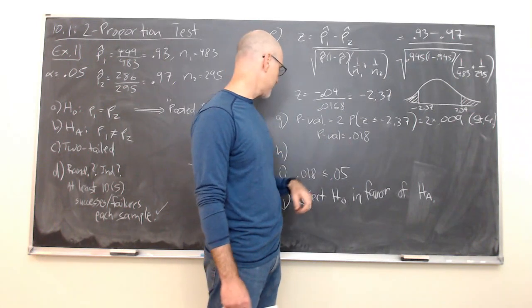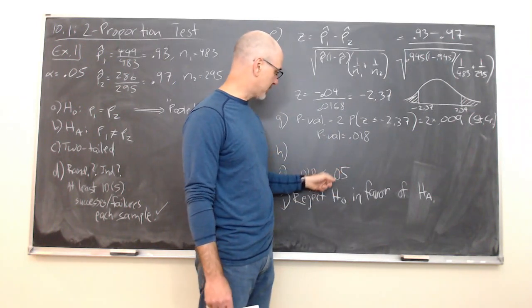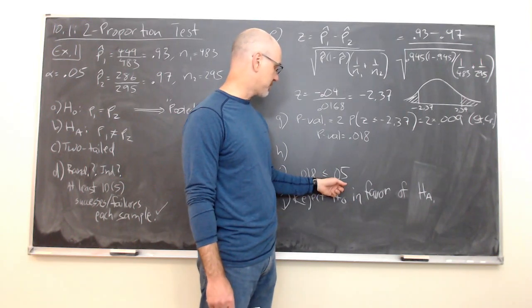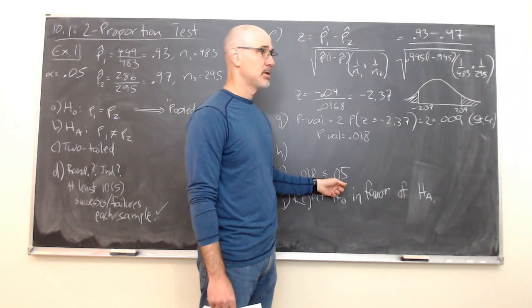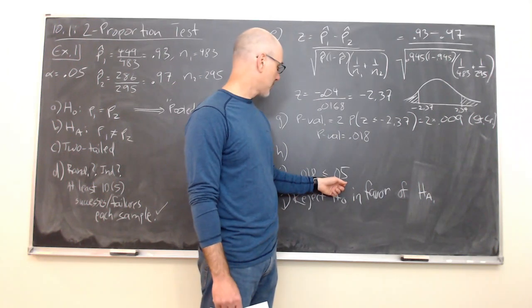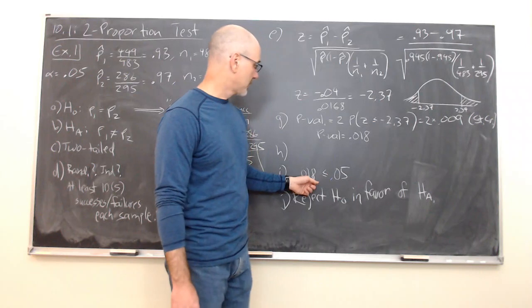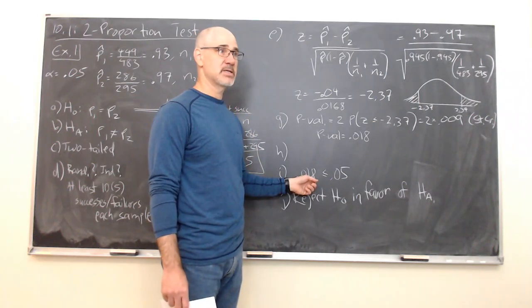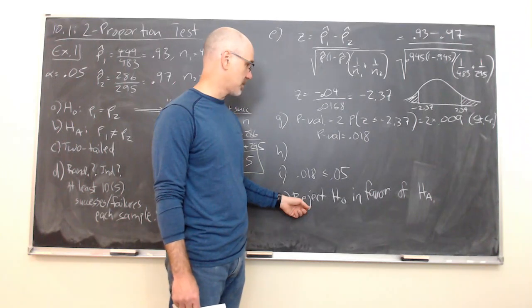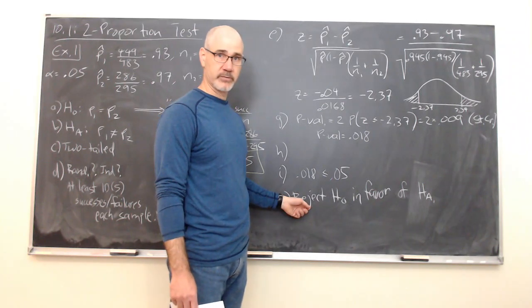But to make it official, we compare it to the alpha, which is given as 0.05. That's our threshold. Any p-value bigger than alpha, we fail to reject the null. Anything smaller represents statistically significant evidence against the null, so we reject the null in favor of the alternative.